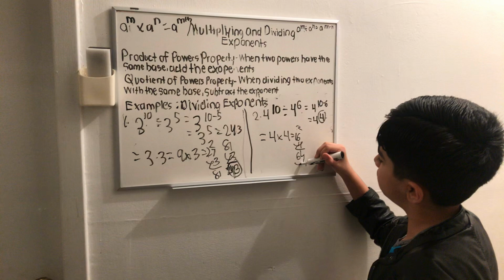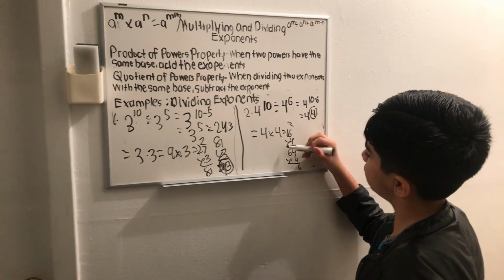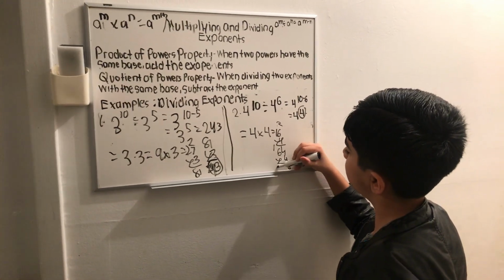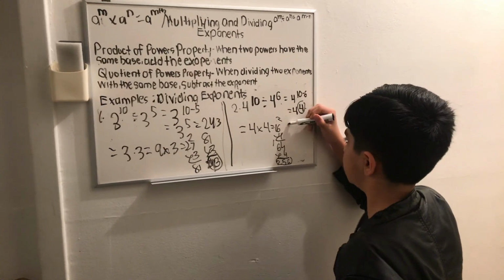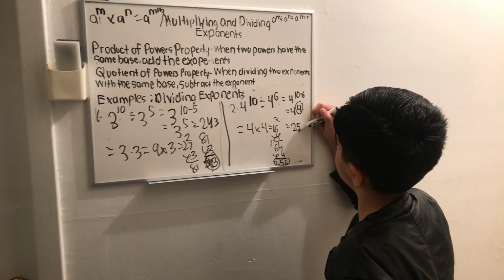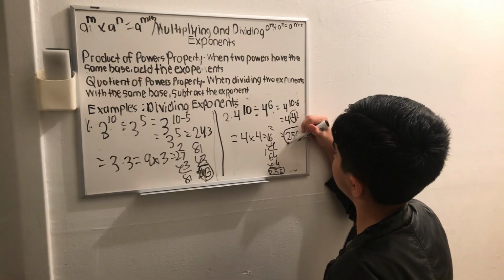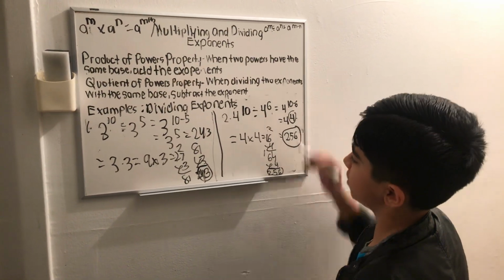And one more time, 64 times 4. 4 times 4 is 16. 6 times 4 is 24, plus 1, 256. So in this case, that's your answer. 4 to the 4th power is 256.